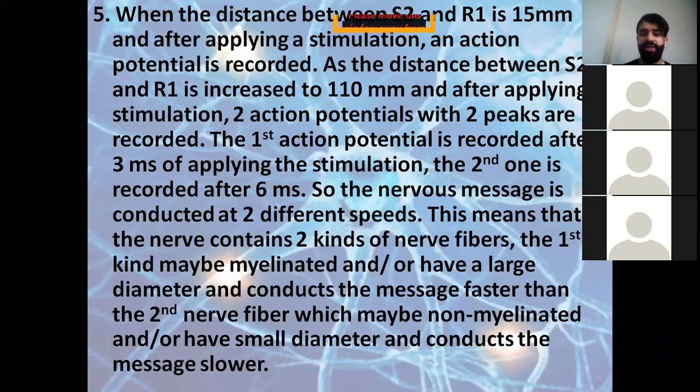As the distance increased from 15 to 110 between S2 and R1, and after applying a stimulation, two action potentials were recorded, and these are of different peaks. So we have two peaks. The first is recorded after 3 milliseconds of the stimulation.